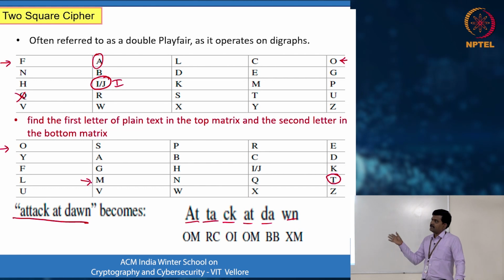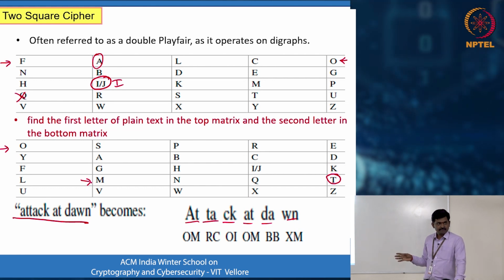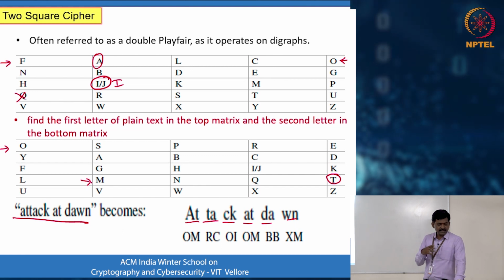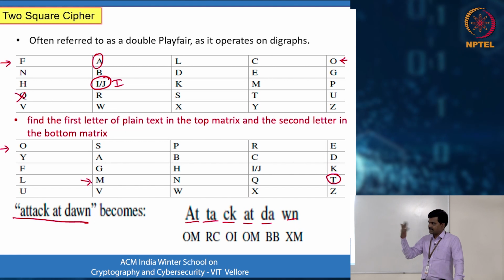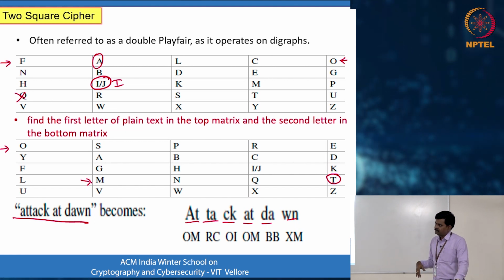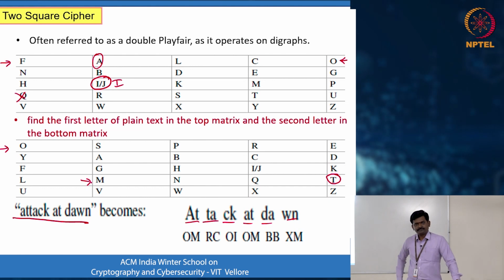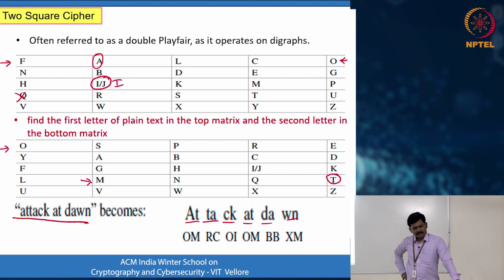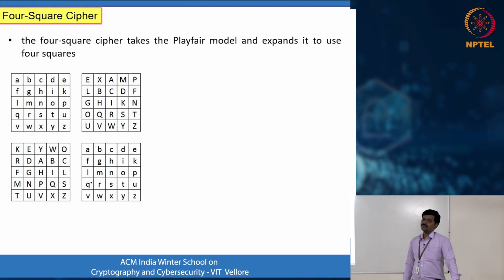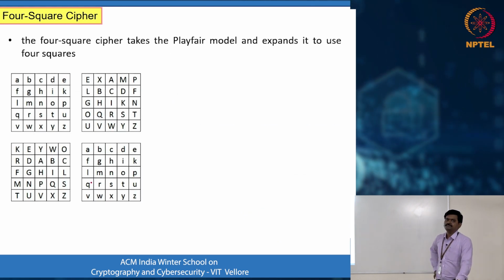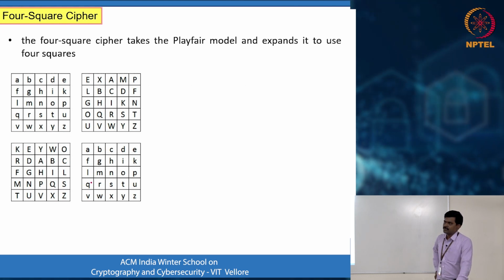Then take the plain text, divide into two alphabets, pick each pair, check the first alphabet in the first square and the second alphabet in the second square, and the corresponding elements. This is called two-square. There is four-square.